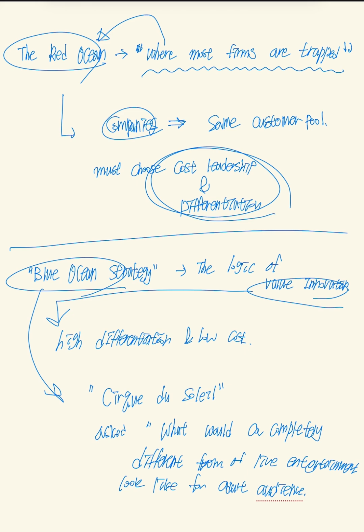So this is the essence of value innovation. Cirque du Soleil achieved higher differentiation and lower cost simultaneously by redefining what a circus was. They did not compete with Ringling Brothers, and so they made Ringling Brothers irrelevant as well.